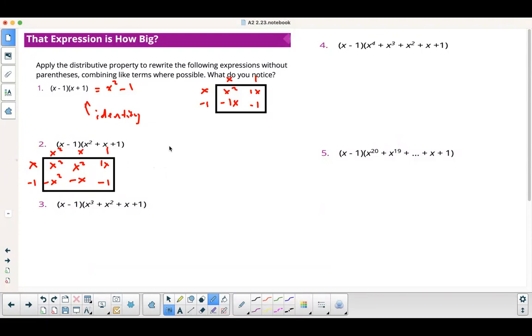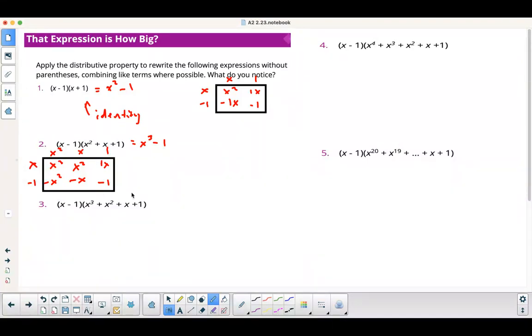Combine your like terms, and we get, put it up here, equals x cubed. These cancel, minus 1. Okay, so again, this is an identity.